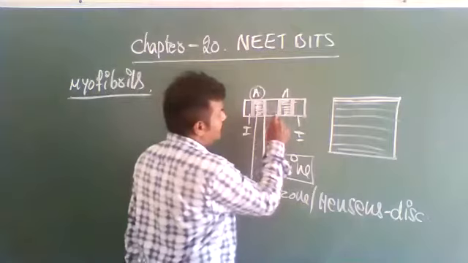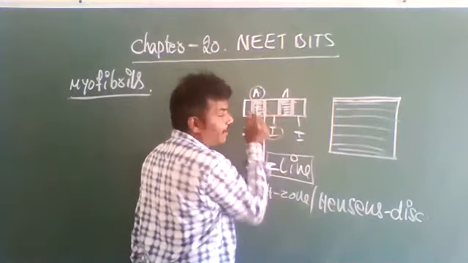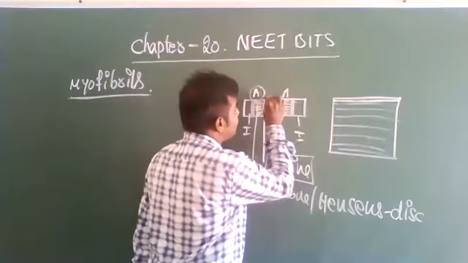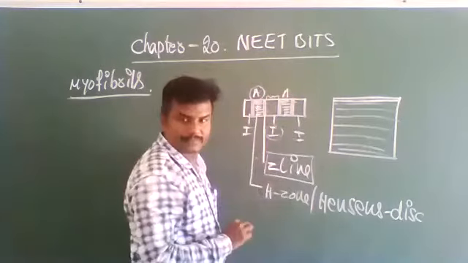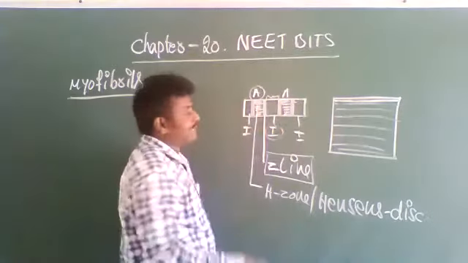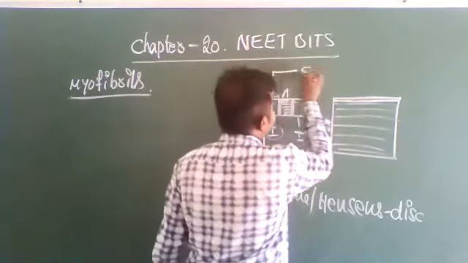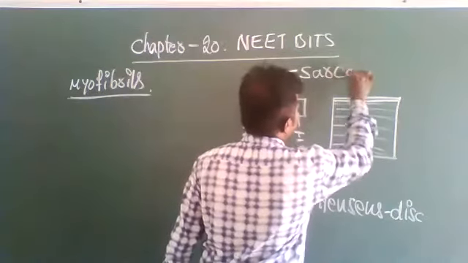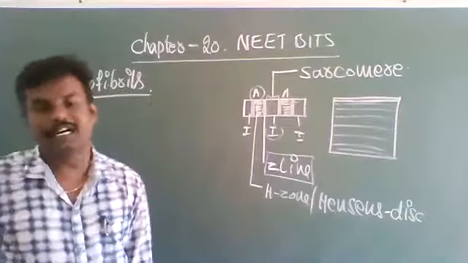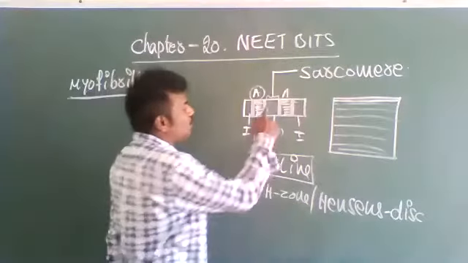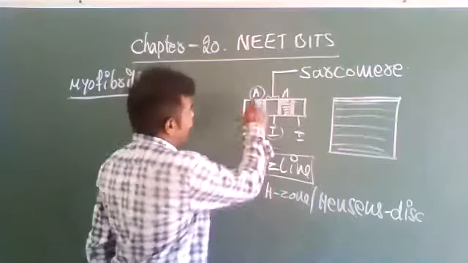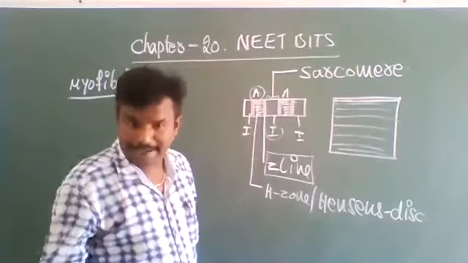Next, this is the I band. Within the center of the I band, this region is called the sarcomere. The I band means isotropic band, and the A band means anisotropic band.